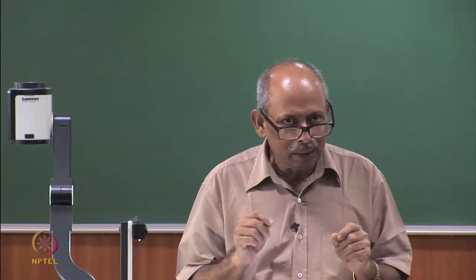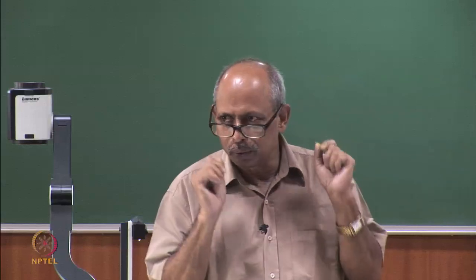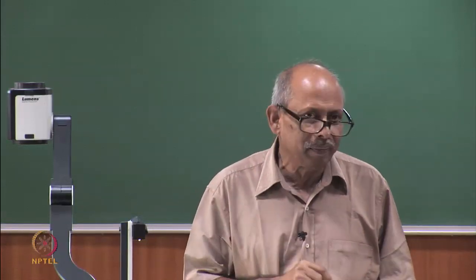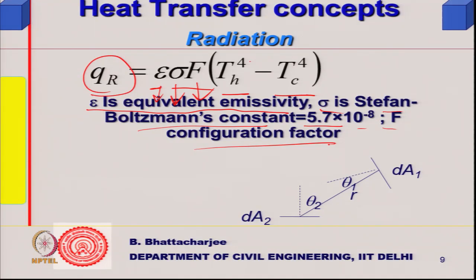So, there is a factor related to the geometry of those two spaces, that F is a factor related to that. For example, I have two surfaces dA2 and dA1, with angles theta 1 and theta 2, normal to them, and the direction joining their center points is something like this.